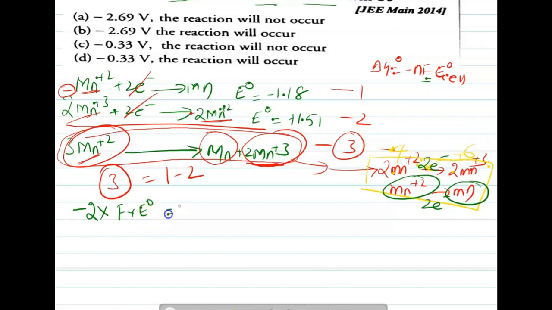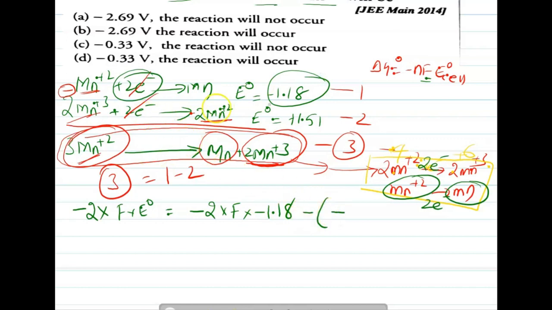N is 2 in the first equation, 2 into F into E naught is minus 1.18, then minus of NF E naught cell for the second equation, N is again 2, 2 into F into E naught is plus 1.51. If you solve this, you will get the answer. So let us solve it.